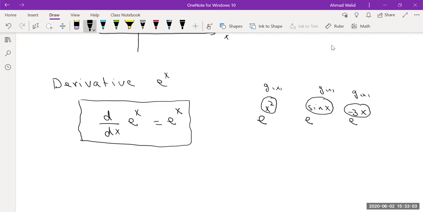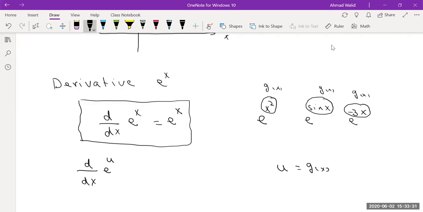Then I'll put a different notation for you when x is a function, or g of x. In your book, it says when you have d over dx of e to the u, let me explain, u is actually a function, g of x.